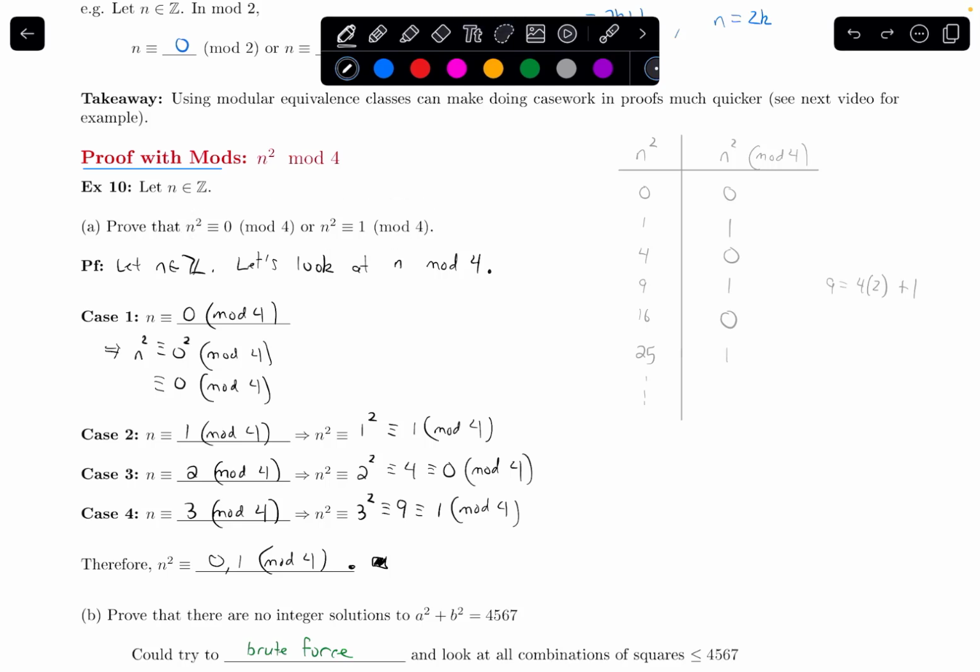That's something we get better at if we study this further and look at other examples. In our class, we're really just going to scratch the surface. If we find the right mod, hopefully we can show that the two sides are congruent to different things, so they have different remainders when divided by the same thing, because that's a contradiction.